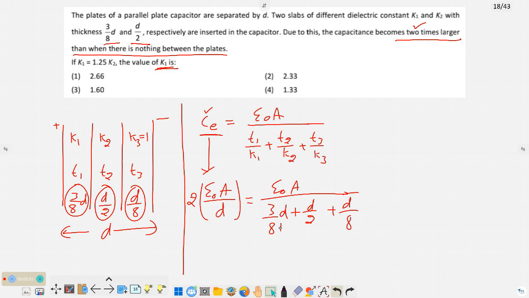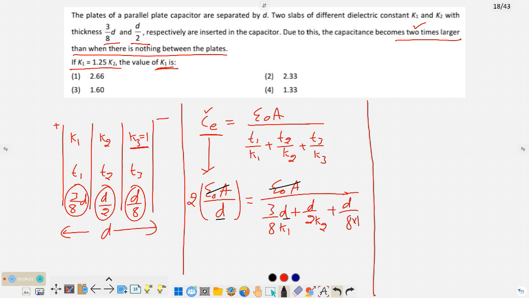This is the first dielectric constant K1, this is K2. K3, we already know this is air. Air means K value is equal to 1. So I can take 1 here without taking K3, because in the question they gave only the relation between K1 and K2: K1 is equal to 1.25 times K2. They are asking to find the K1 value. So in this case, if you solve it, epsilon naught A we can cancel on both sides here.